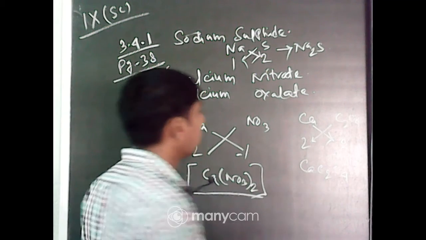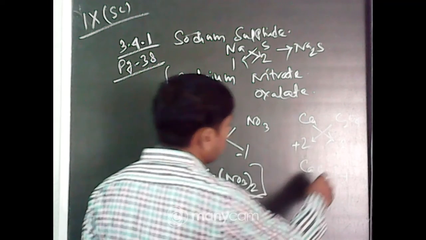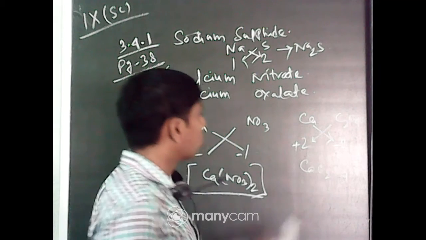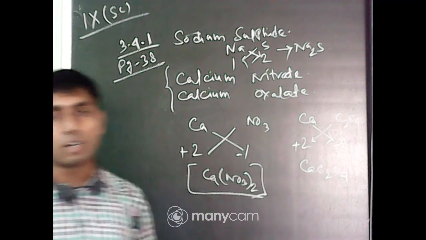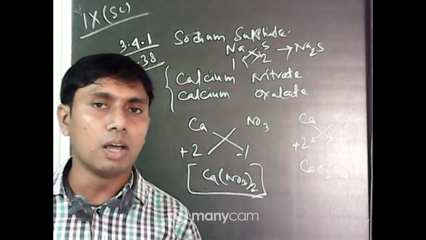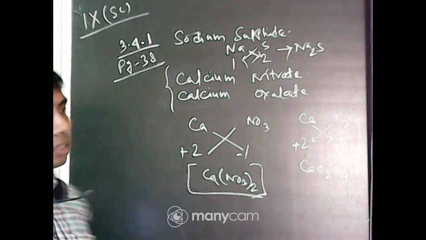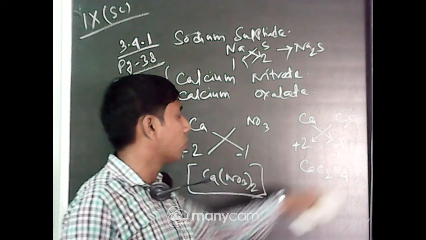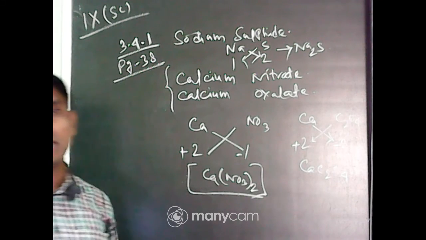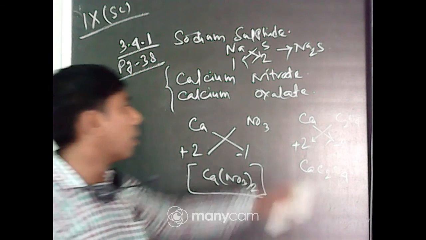Suppose here, calcium is +2 and oxalate is -2. So one calcium atom can neutralize the charge of one oxalate ion, and in the opposite way, one oxalate ion can neutralize the charge of the calcium atom.